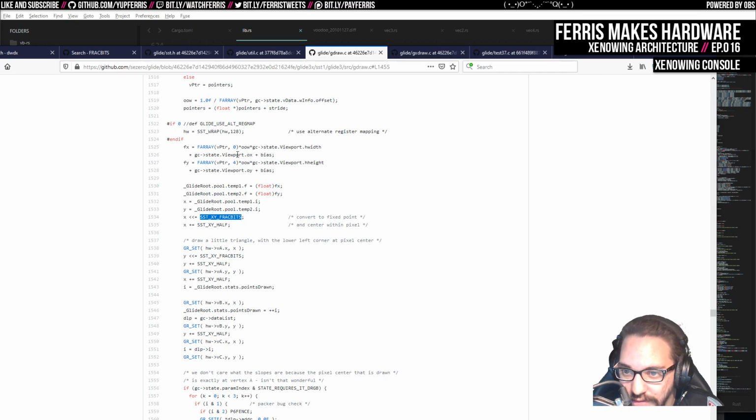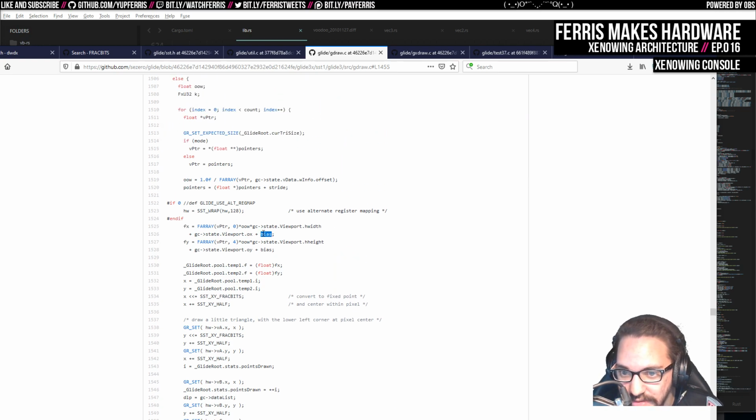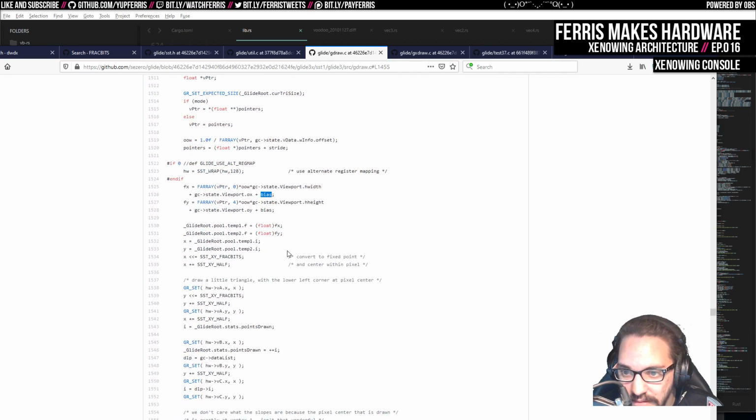Because they do the viewport transform, which could be any number of values, plus some bias. Well, here they do whatever the coordinate is times the viewport width plus viewport x plus bias. I wonder what this bias is.